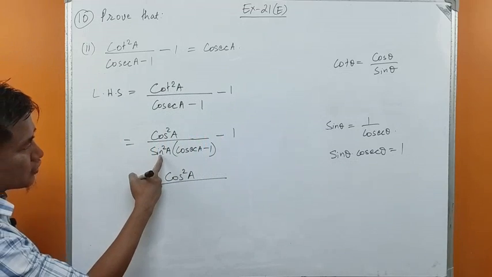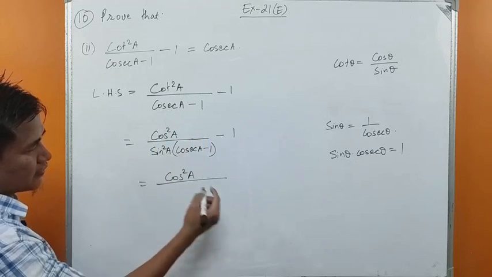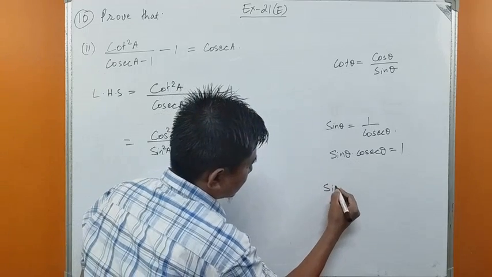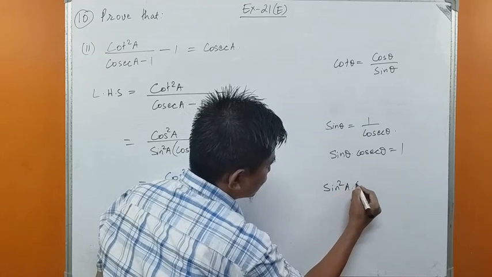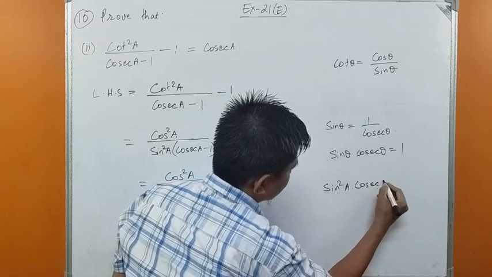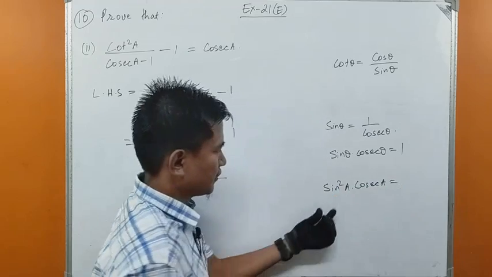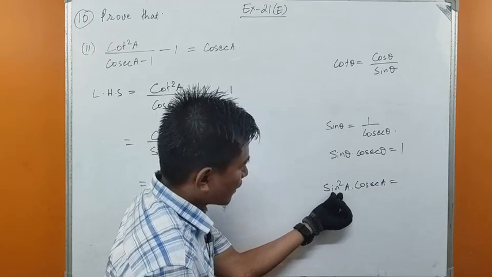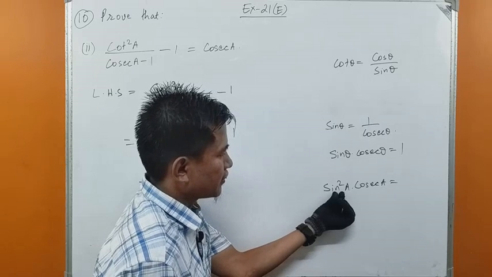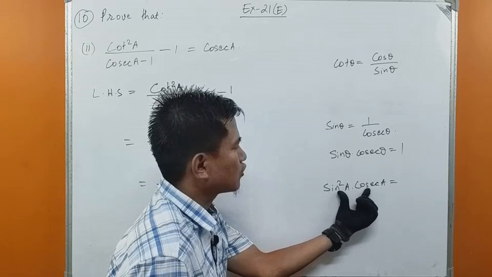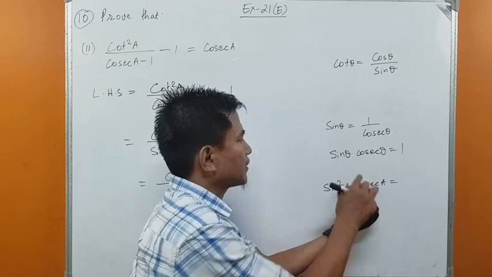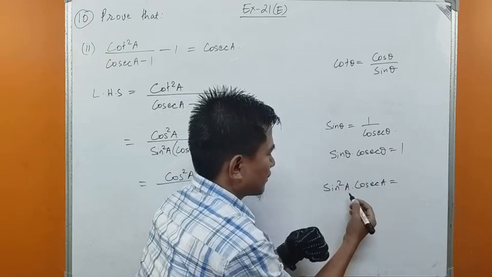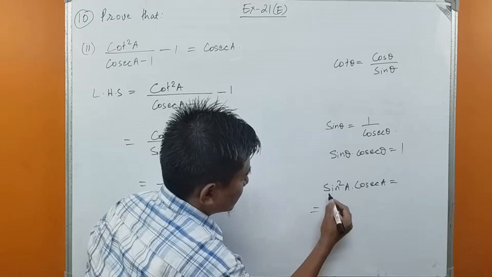So sin square A into cosec A equals, you see here, sin square A means there are 2 sin A, isn't it? So 1 sin A and 1 cosec A is cancelled, because sin A into cosec A is 1. Let me explain this in a better way.